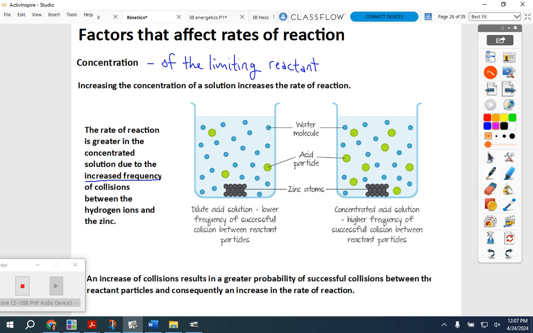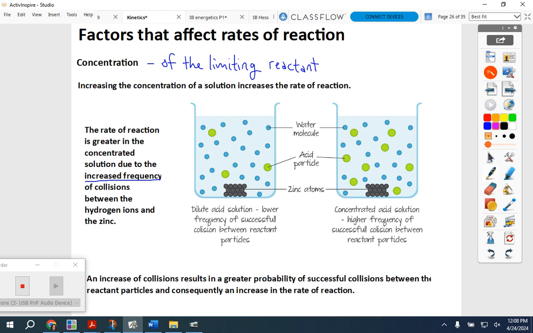So you can still have an effect of changing the concentration of the reactant that's in excess, the one that we already have a ton of, but it's going to be a much smaller effect than changing the concentration of the limiting reactant. We actually had a student who did that for an IA and pretty much changed the concentration of the excess reactant and really didn't see a whole lot of difference between the different conditions.